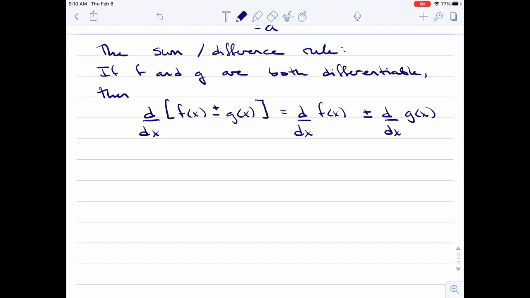So we can bring that derivative, the differential operator, inside.